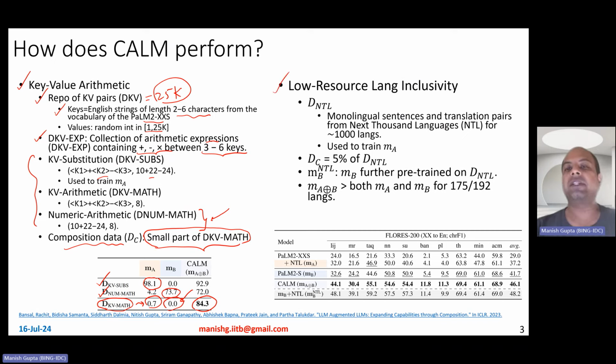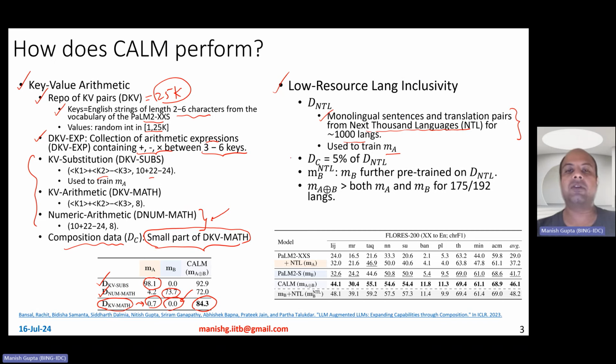Now, in the low resource language inclusivity task, again you train your MA model using low resource language data, obtained from the NExtThousand language corpora, which is the corpora for 1,000 languages. It contains both monolingual sentences and translation pairs.